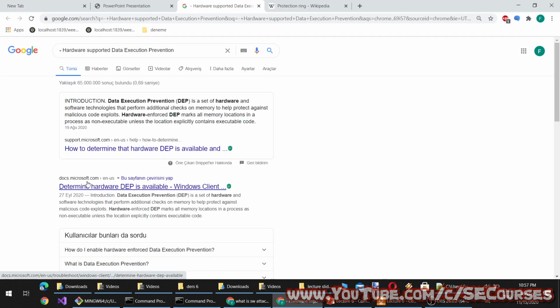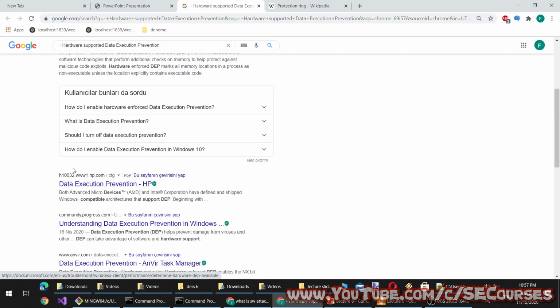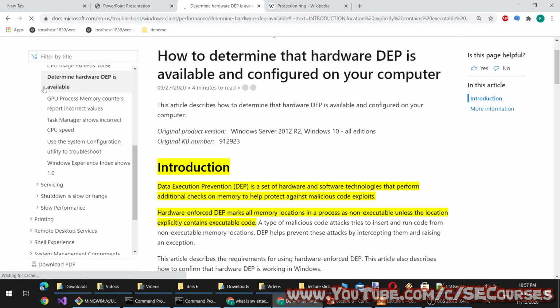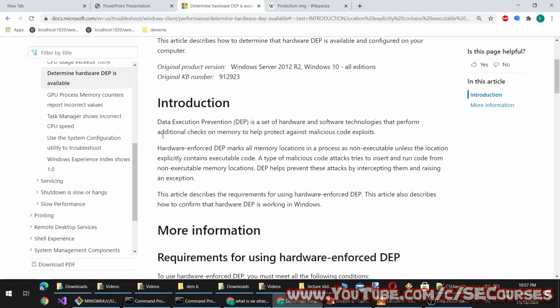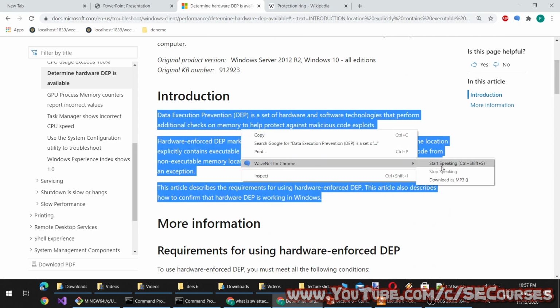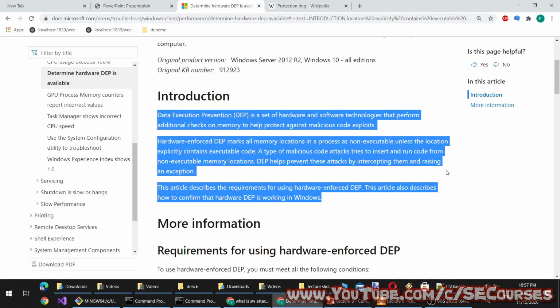Let's read about it. Oh, this is the hardware step, I think. Data Execution Prevention (DEP) is a set of hardware and software technologies that perform additional checks on memory to help protect against malicious code exploits.